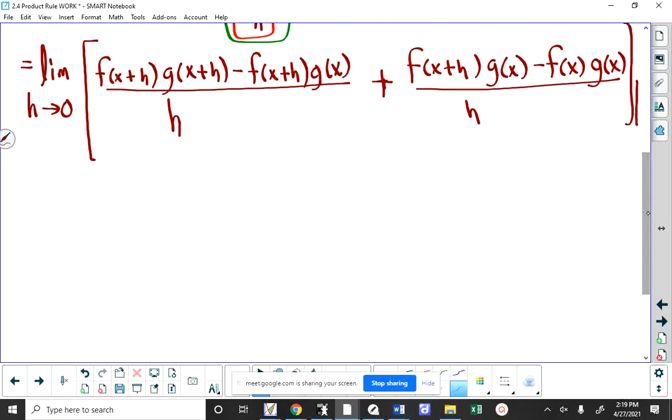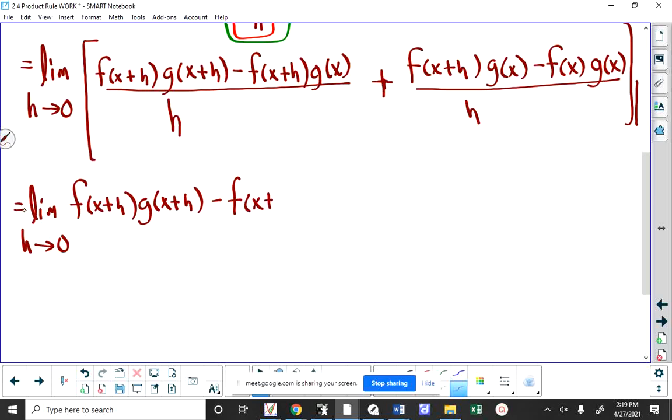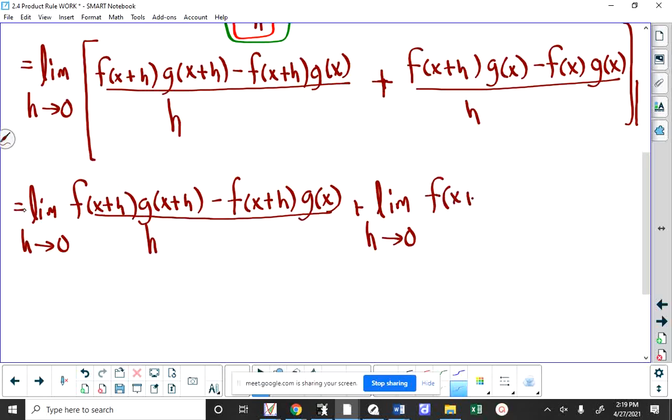It gives me the limit as h approaches 0 of f of x plus h, g of x plus h, minus f of x plus h, g of x over h, plus the limit as h approaches 0. What I'm doing is distributing that limit operation inside of the brackets of f of x plus h, g of x, minus f of x, g of x.